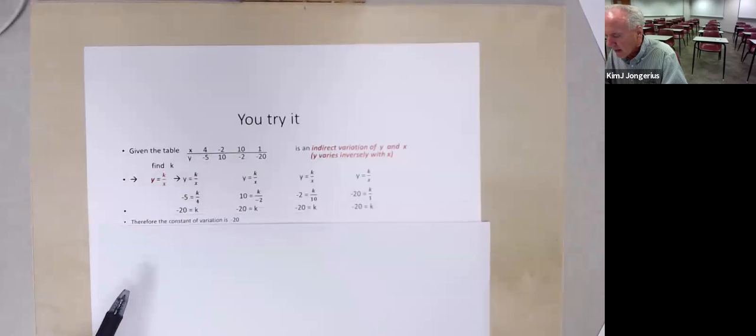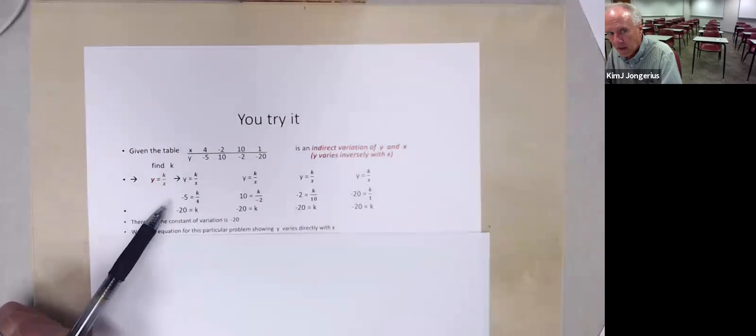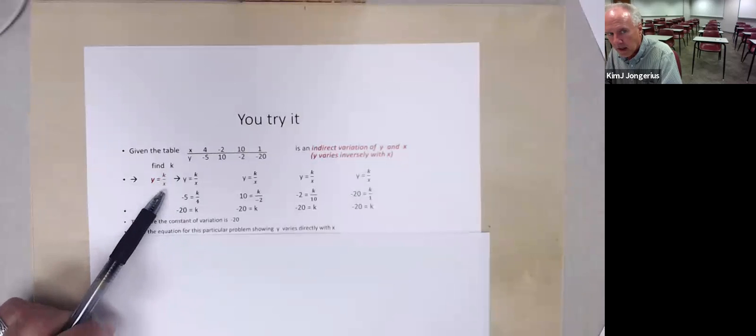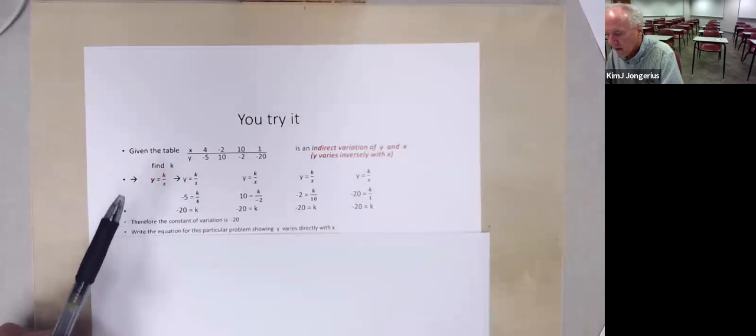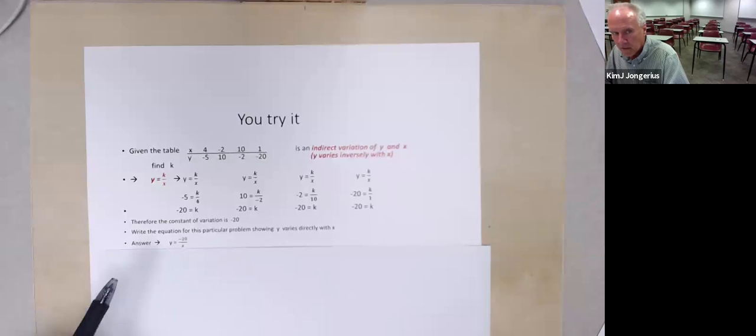So if you were asked to write an equation for this problem, because it's indirect, you're following this main formula. It's just now that you know that k is a negative 20 can be put right in there. So the answer to that question would be y equals a negative 20 over x.